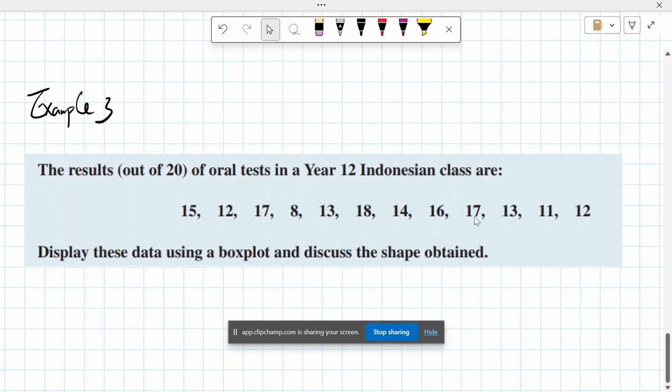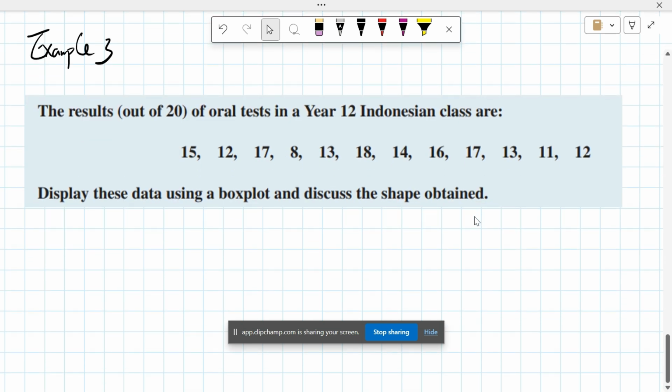And one more question before we go. So we have some data, and what we do is we're going to display the box plot. First thing first, we can see it is not in order, so we're going to reorder it.